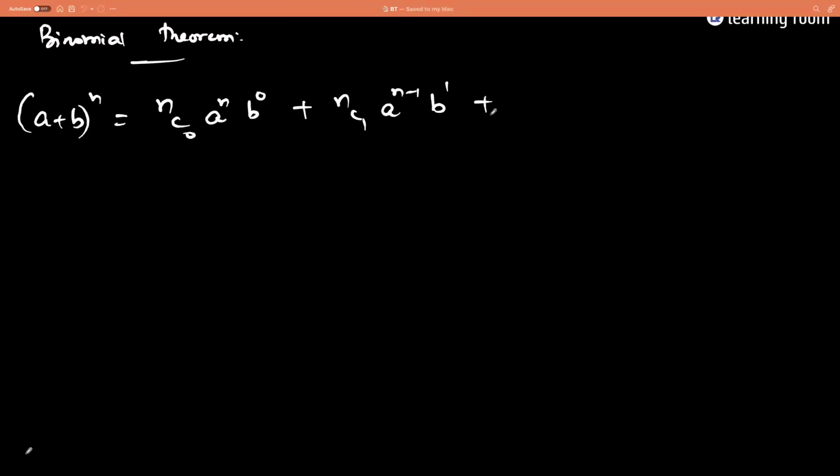That's right. nC2 a power n minus 2 into b power 2. So it keeps on going like this.